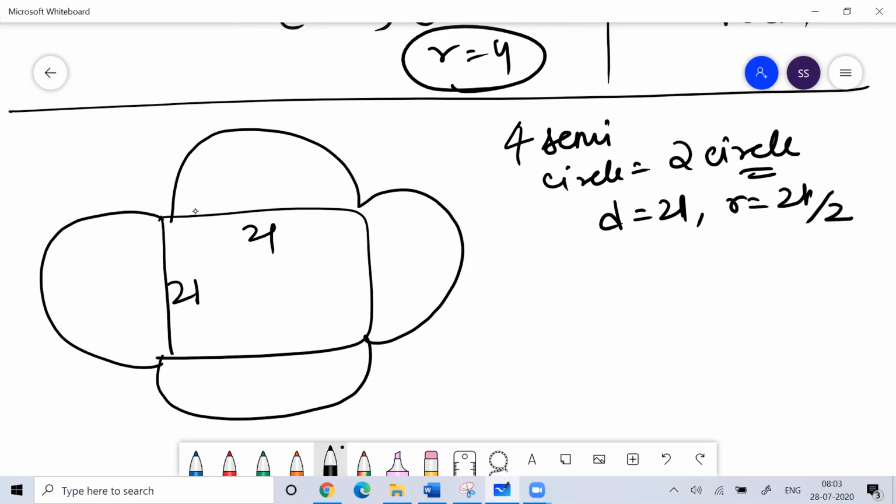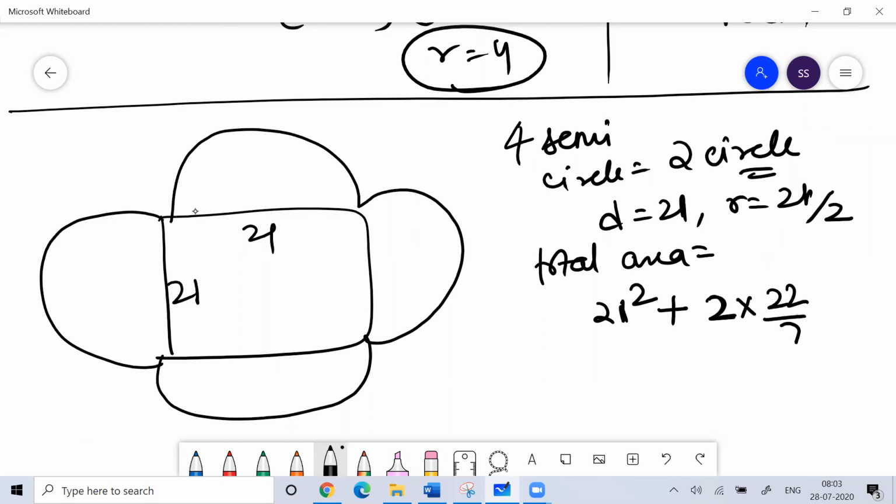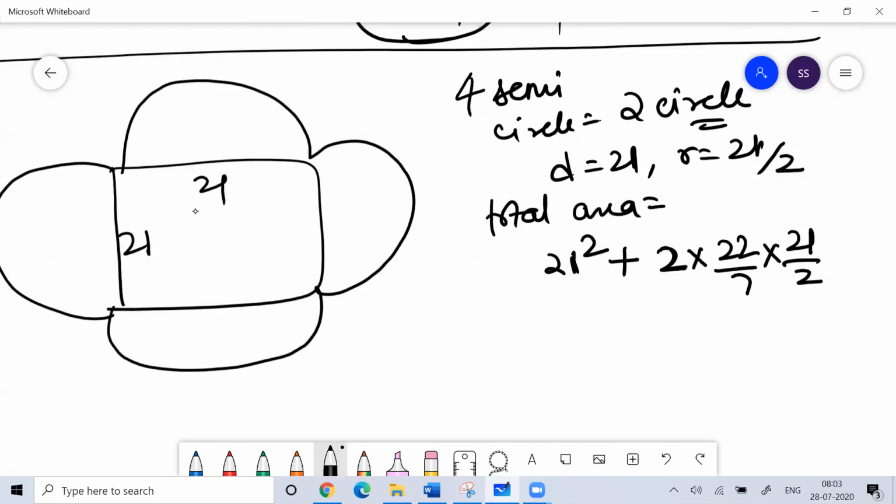So the total area is the area of the square plus the area of two circles. So 2 pi r square, where the radius of the circle is 21 by 2. You just need to solve this.